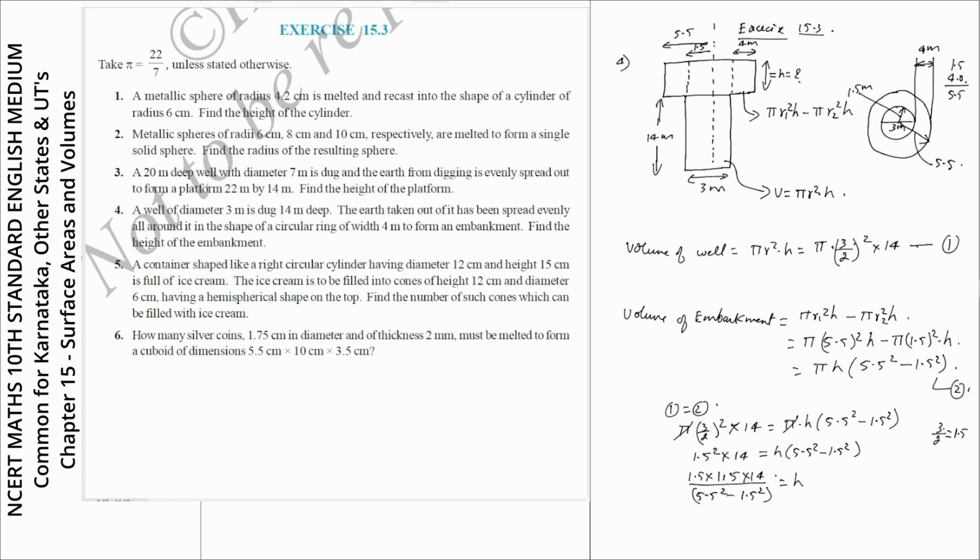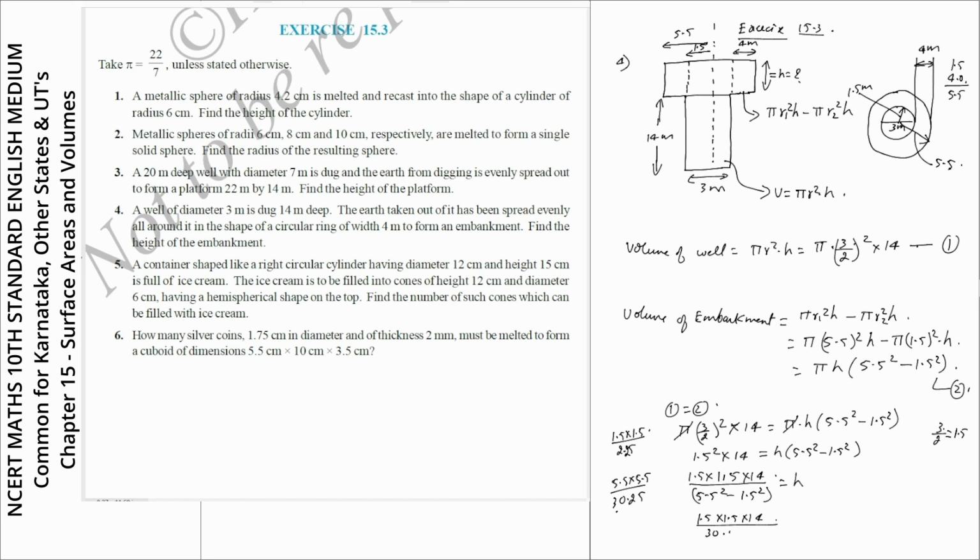Now 5.5 into 5.5, if you multiply you will get 30.25, just check it out. And 1.5 into 1.5, when you multiply you will get 2.25. Check it out.